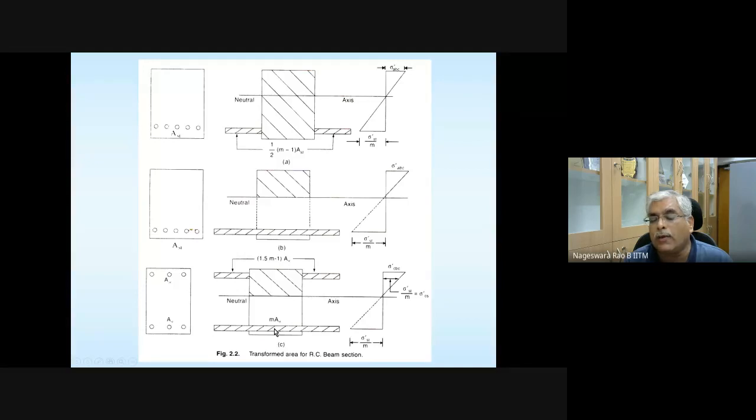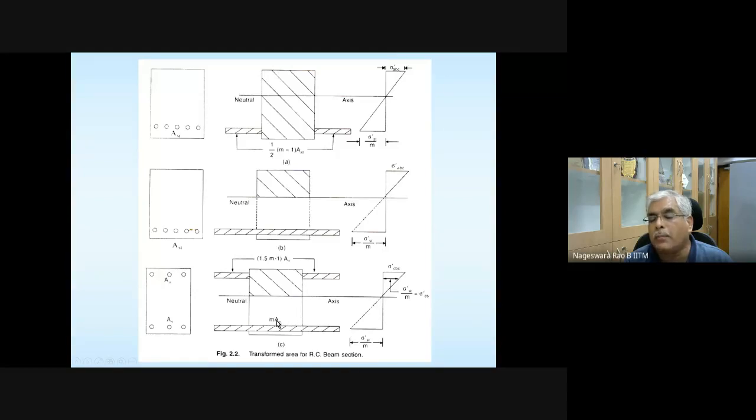In that case, the equivalent section after the concrete below the neutral axis cracks is going to be something like this. Whatever area of steel is there in the bottom portion is converted into equivalent area of concrete by multiplying with the modular ratio. And please note that concrete below the neutral axis is already cracked. It's ineffective.